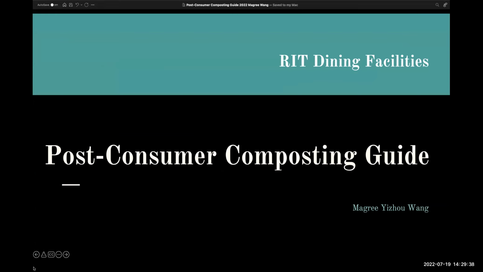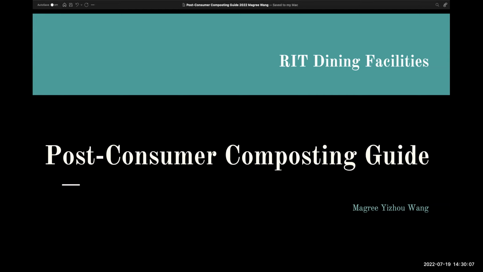So my project is on helping the RIT Sustainability Department implement the composting plan, which we hope will be in place in a year or so. For post-consumer composting, we are focusing on whatever material is passed, like for dining locations.